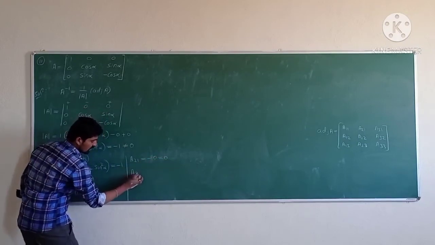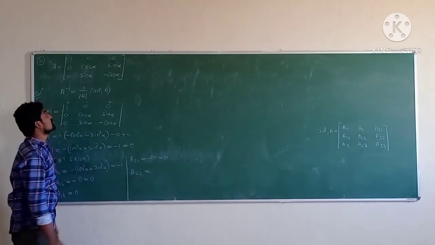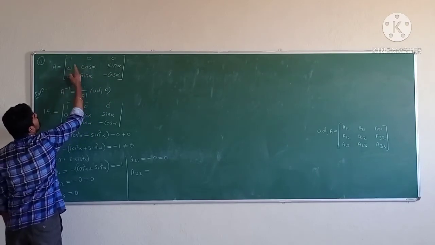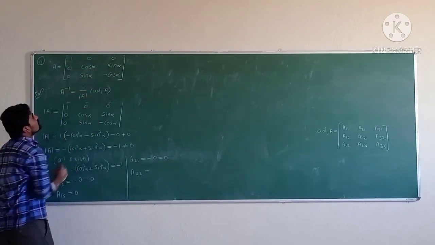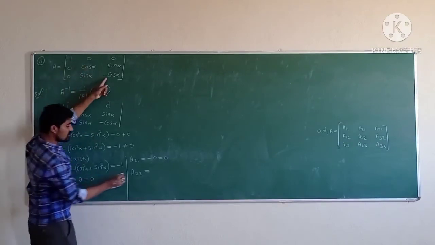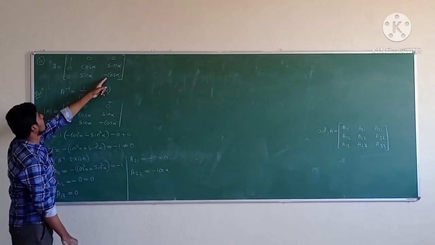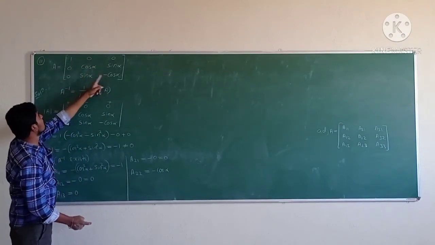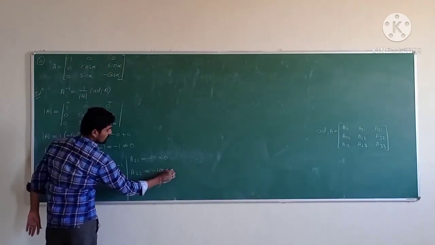And next A22 is obtained by deleting the second row, second column. After deleting this second row, second column, remaining elements 1, 0, 0, minus cos alpha: 1 into minus cos alpha, minus 0 into 0, 0, minus cos alpha.